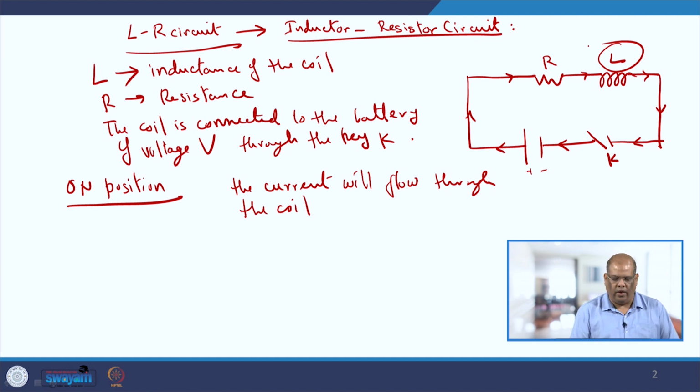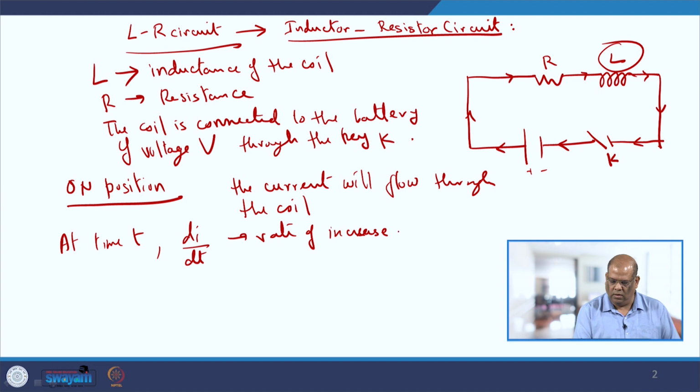So, at any time t, di dt is the rate of increase of the current.